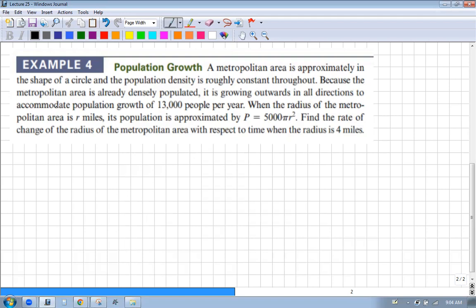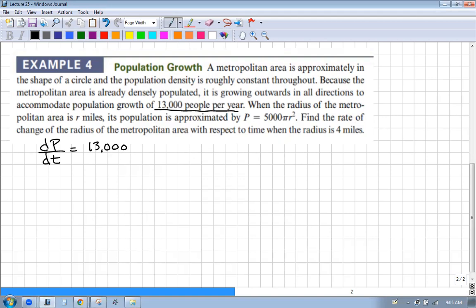Because the metropolitan area is already densely populated, it is growing outwards in all directions to accommodate population growth of 13,000 people per year. So we can see that the change in population per time, where time is in years, is 13,000 people per year, okay?